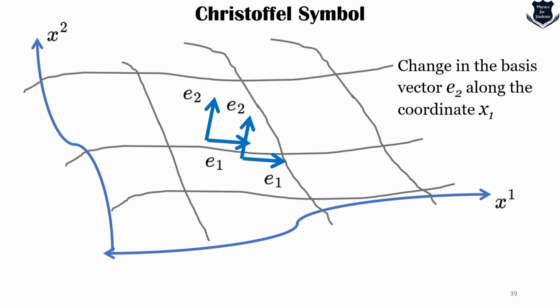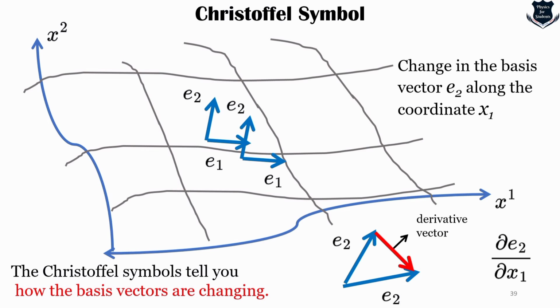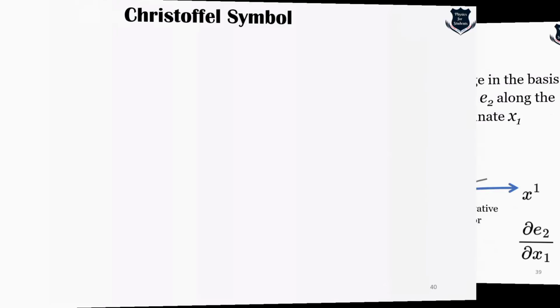So this derivative vector, the red one, also has components along the x1 and x2 axes, obviously. This is found by taking the dot product of the red vector, which I will show you. This is a derivative vector, right? And the Christoffel symbols are basically telling how the basis vectors are actually changing.